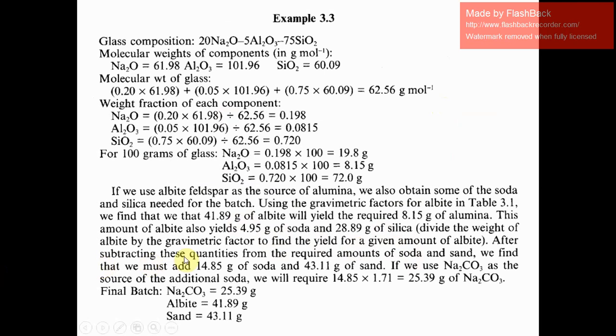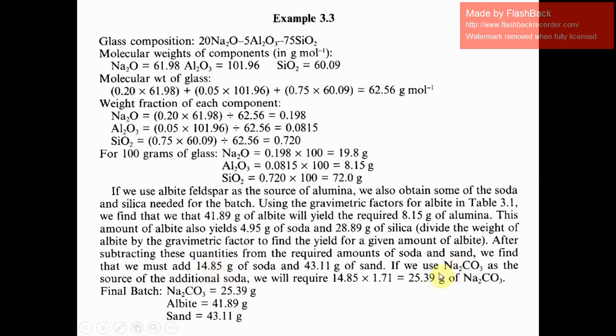After subtracting these quantities from the required amount of soda and sand, say you need 19.8 gram of soda, and from Albite you got 4.95 gram. So 19.8 minus 4.95 is equal to 14.85 gram. This you can directly take from sodium carbonate. How?